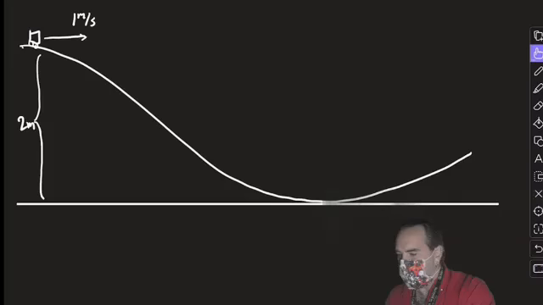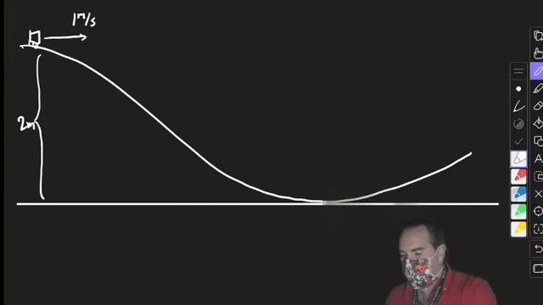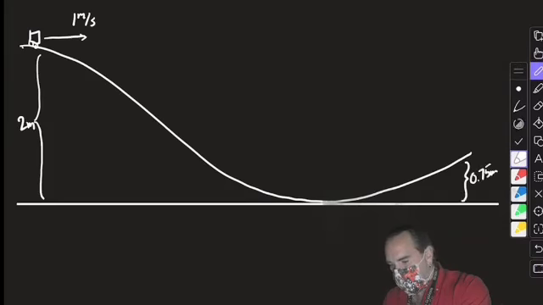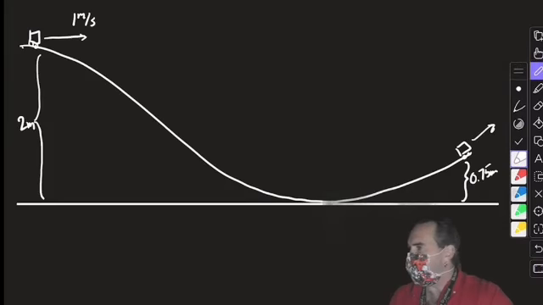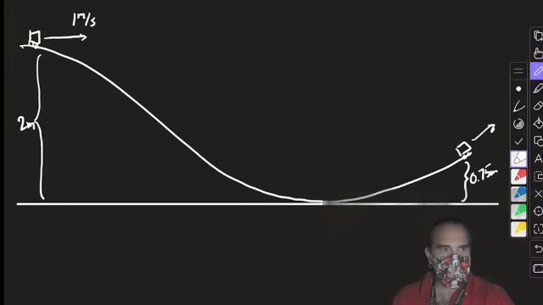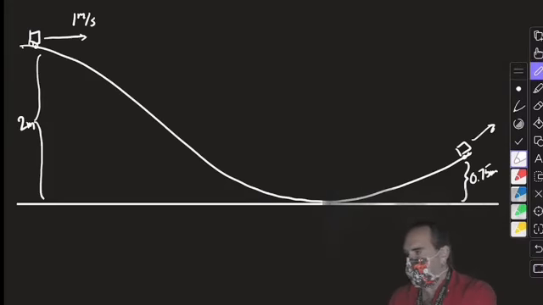There. So I would like to know how fast is the car going when it goes to make the jump? And I would like to know the fastest the car goes. I have two questions. I want to know how fast is the car going when it goes to make this jump?